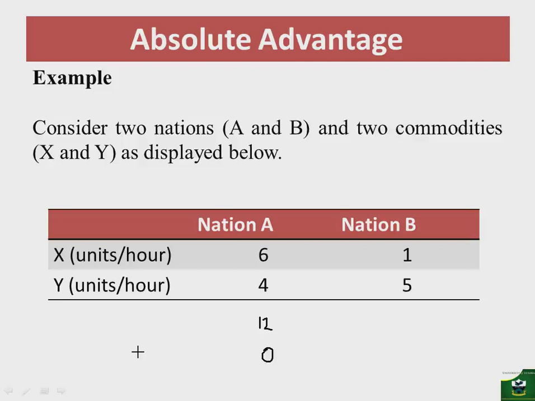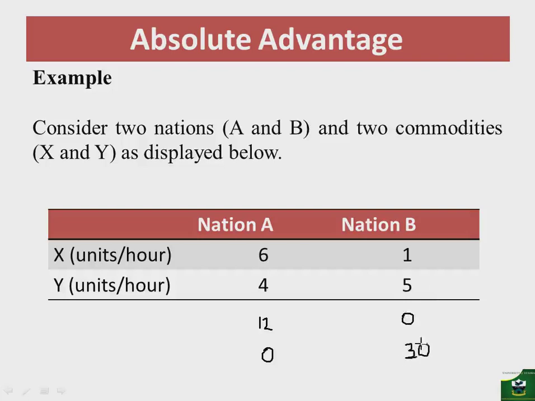And now the question says, if nation A decides to exchange 6 units of X for 6 units of Y, it means that nation B then will now have 6 units of commodity X. Now, given that this 1 hour, which was supposed to be used here, will not be used because nation B will specialize in producing Y, it means that the whole 6 hours which nation B needed to produce the 6 units of X will be channeled to the production of commodity Y, which means that we will have now 0 units of X produced, and then 30 units of Y produced.